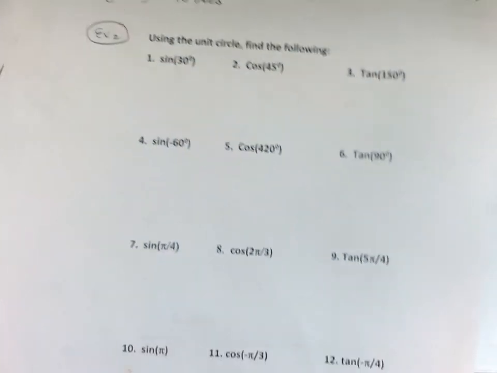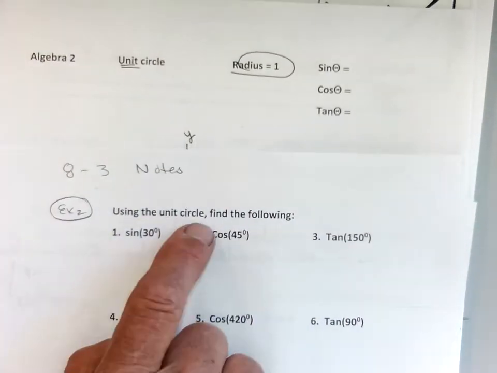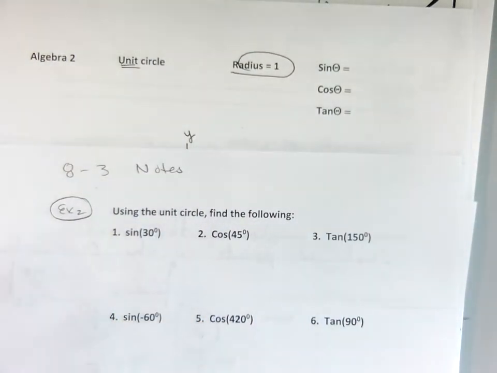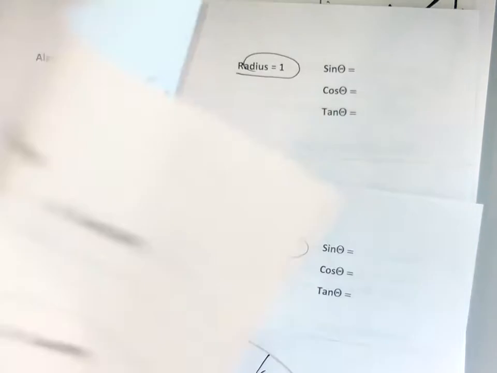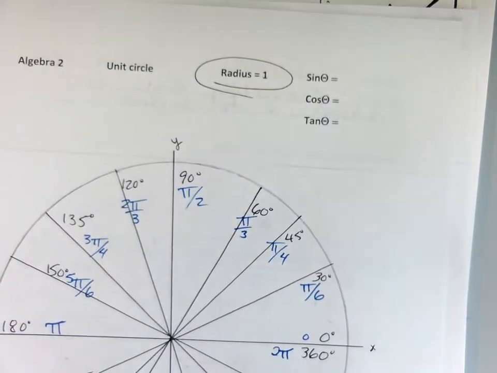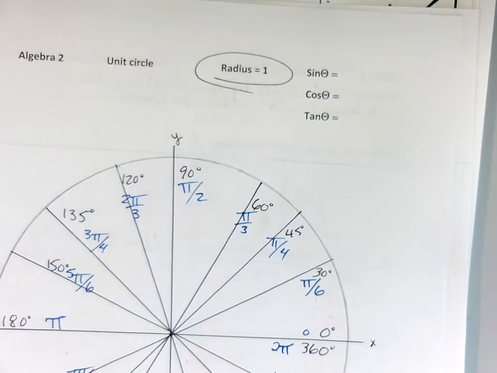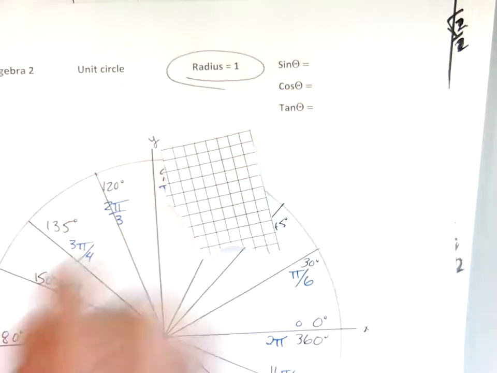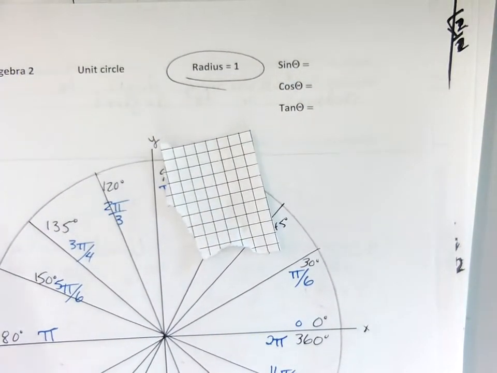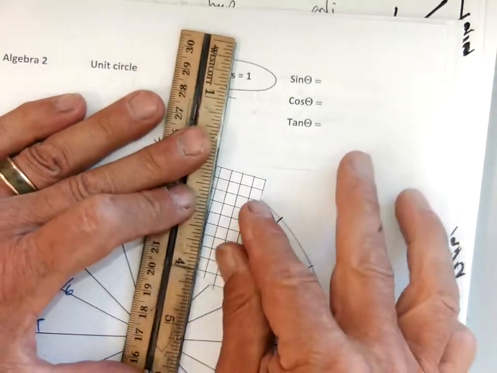All right, now, to turn the page, we're going to go ahead and use the unit circle. So before I do this, let's take a look at the unit circle. Now, I'll show you a picture. Where's my graph paper? I need a piece of graph paper. Perfect size, okay? So, the unit circle technically is on a graph.